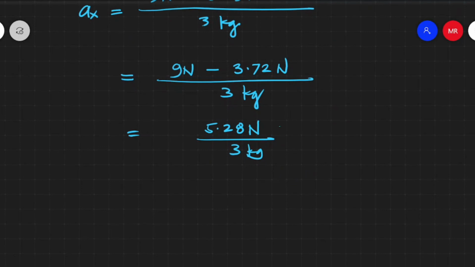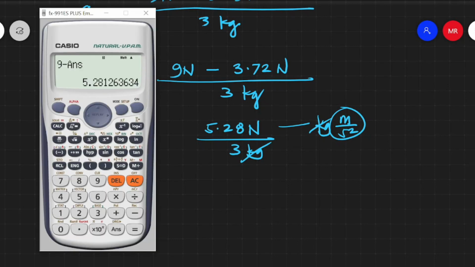We all know that a newton is kilogram meter per second squared. So kilogram will be cancelled. What will remain is the meters per second squared, which is the unit of our acceleration. So our acceleration x is 5.28 divided by 3 kilograms.